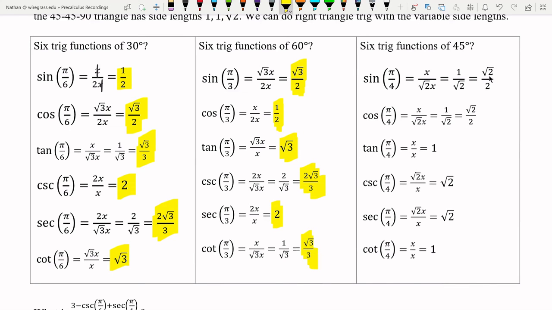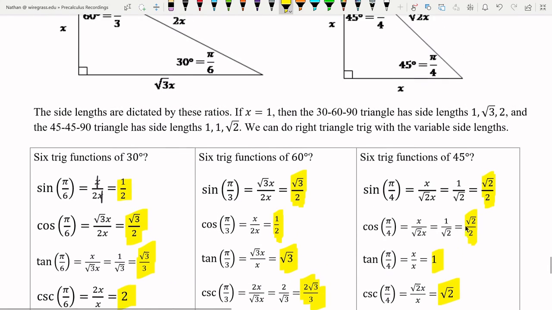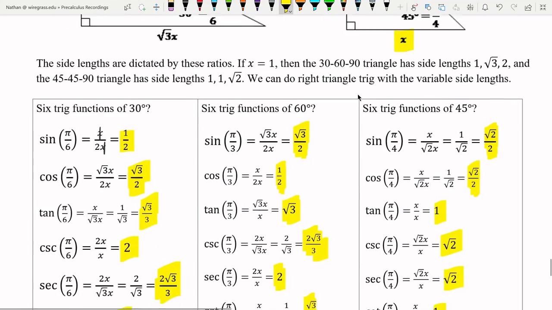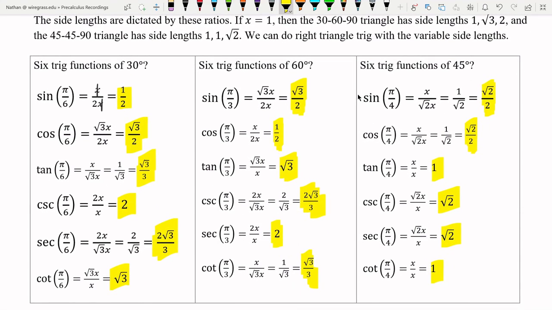And then the 45s always have this root 2 over 2 in them. And we get 1 for tangent and cotangent, and then root 2 for the cosecant and secant. That's because the 45s had the same side lengths, x and x, so that's why there's so many similarities there. But these are very important, and you're going to see them a lot when you're working through trigonometry in general.